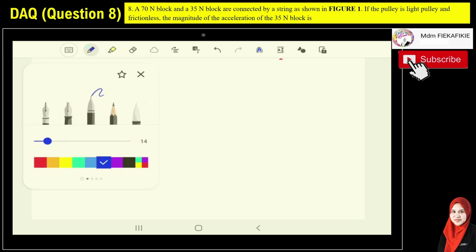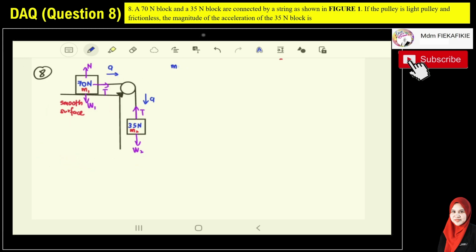So for mass 1, the direction of the acceleration is in the x component, moving to the right. This means that total Fx1, for mass 1, is equal to m1a.